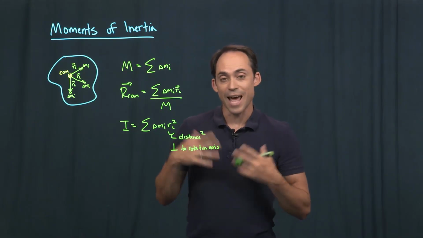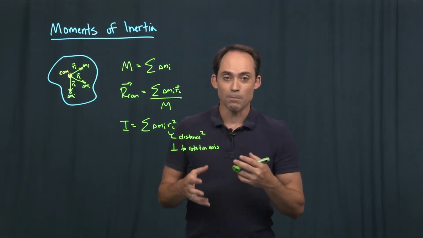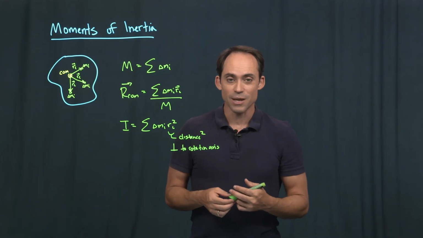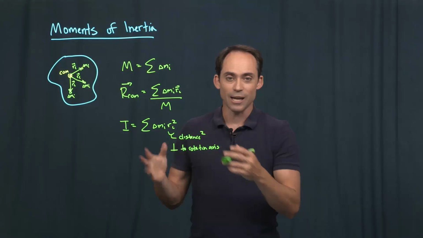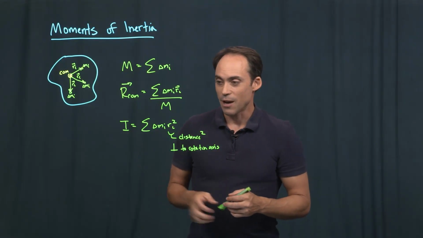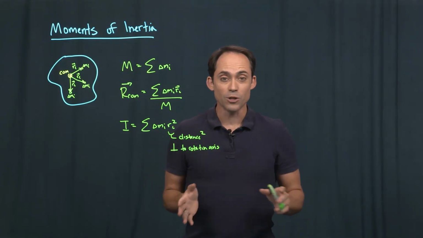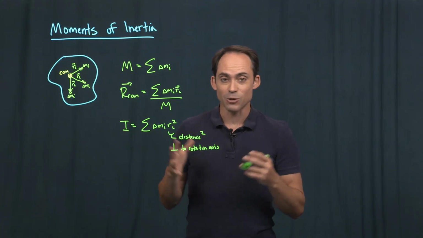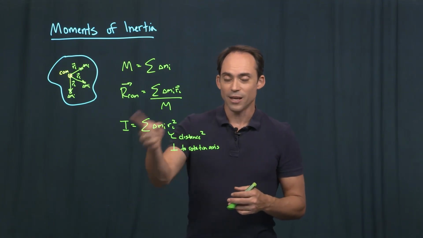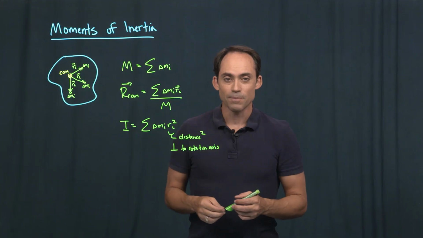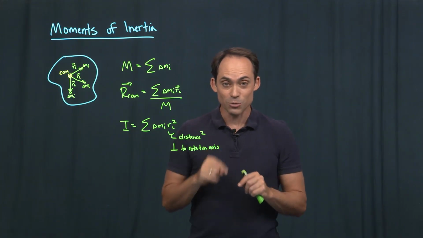And of course, because it's an additive expression, as we build up more complicated pieces, we can measure the moments of inertia of many things together by taking our expressions and combining them. Now, this is true for any origin of any coordinate system we're looking at. We can decide to set our origin wherever we want and compute a moment of inertia for our object about an axis that goes through that origin.